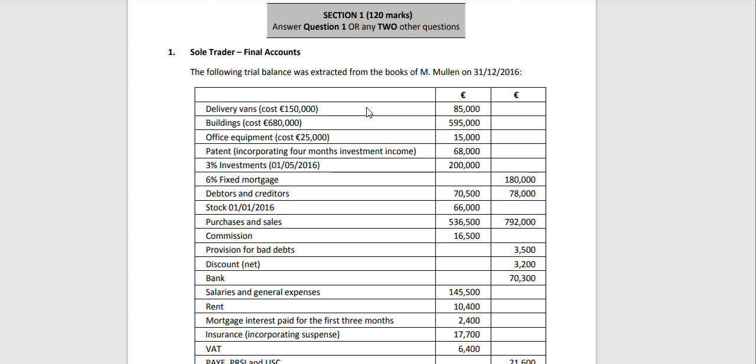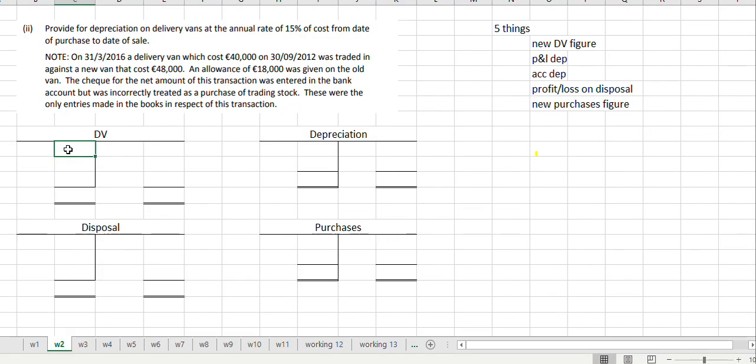Depreciation is the difference between these two numbers, which is 65,000 depreciation. So when I go back here, my opening balance for delivery vans is 150,000. My opening balance for depreciation is 65,000.